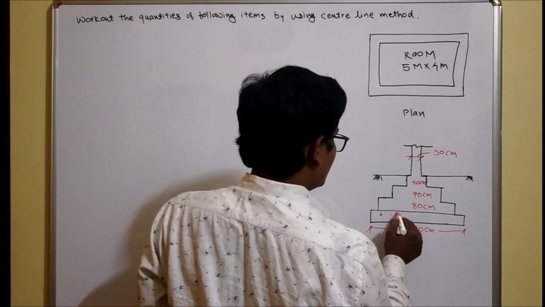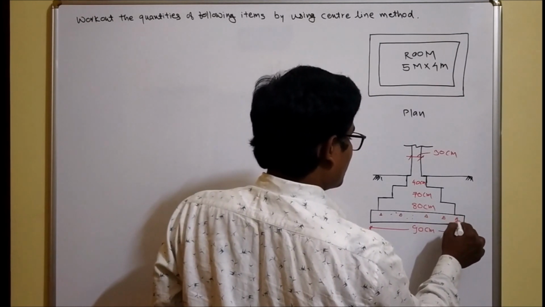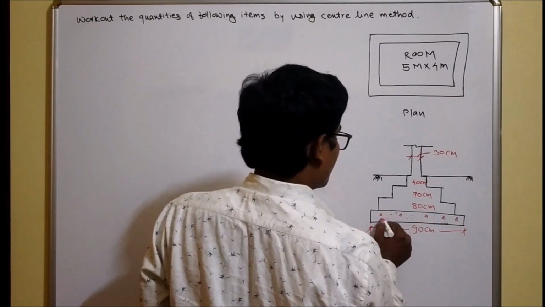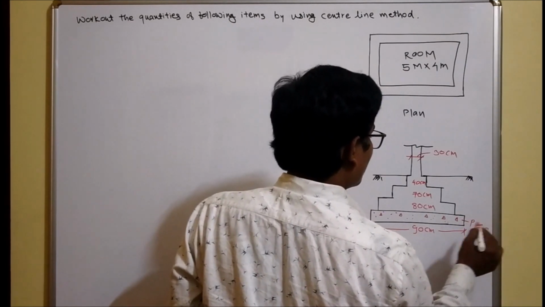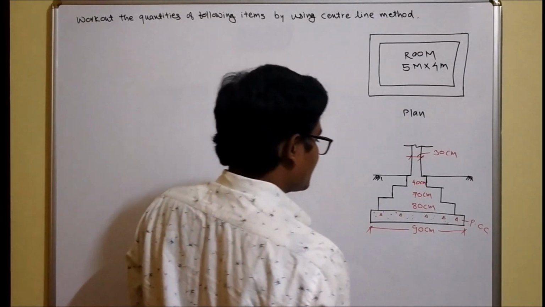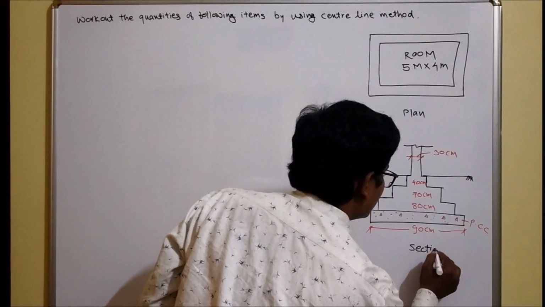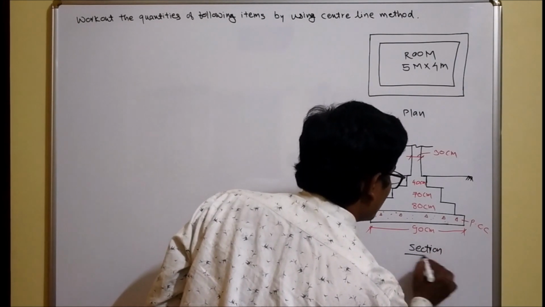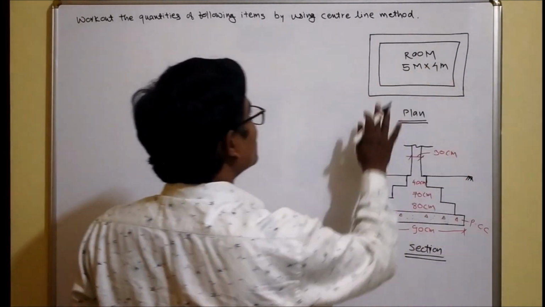So this is the PCC. This is section of wall. This is plan. So this is the load bearing structure.